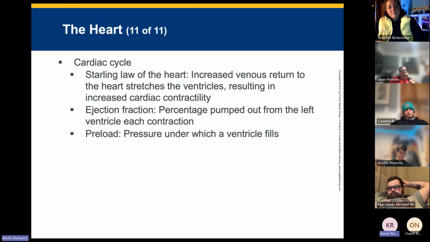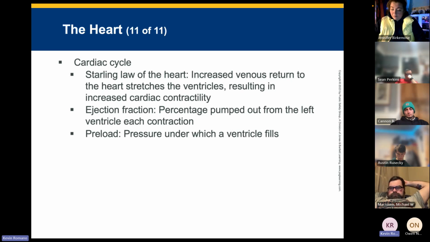All right. So Starling's law of the heart. Increased venous return to the heart stretches the ventricles, resulting in increased cardiac contractility. The ejection fraction is the percentage of blood pumped out of the left ventricle on each contraction. Preload is pressure under which the ventricle fills.